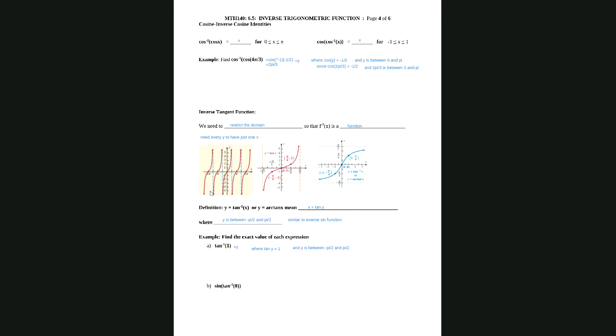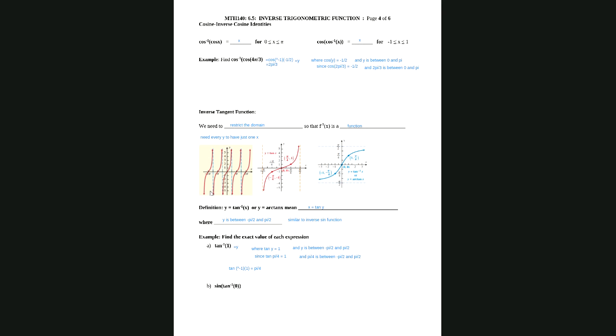And the angle that's going to work for that is going to be the angle pi/4. So since the tangent of pi/4 is equal to 1, and pi/4 is between -pi/2 and pi/2, inverse tangent of 1 is equal to pi over 4.